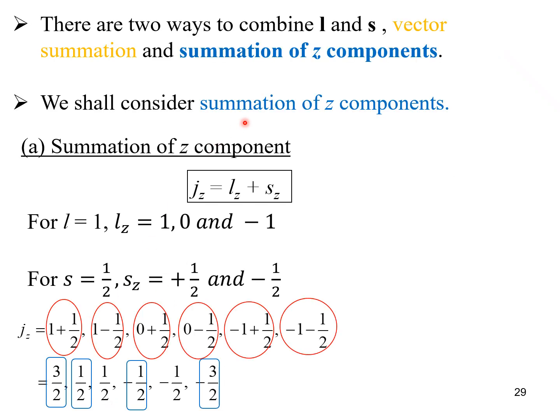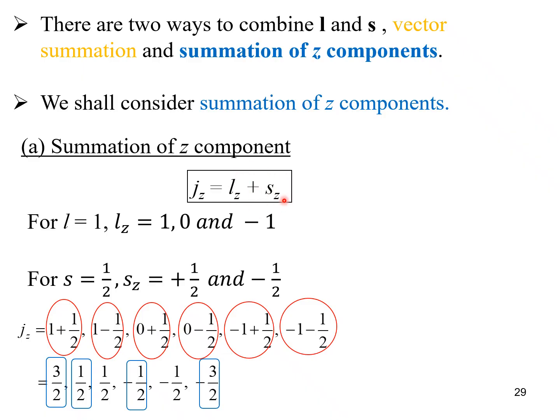To determine the value of J, there are two ways to combine L and S, where vector summations and summations of the z components can be applied. So we shall consider the summations of the z components, which involve the orbital angular momentum quantum number with reference to the z-axis and the spin quantum number with reference to the z-axis.